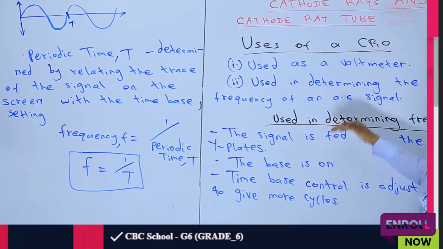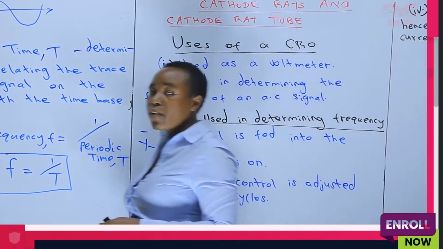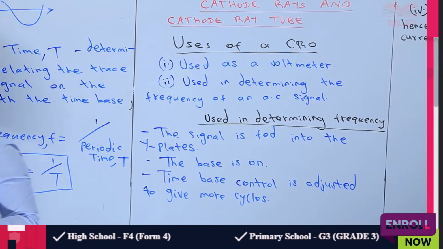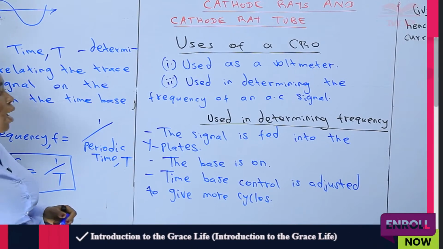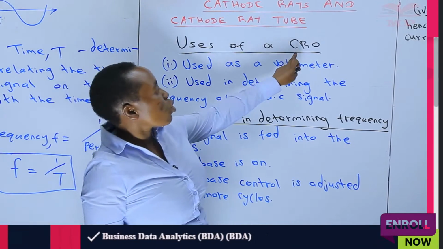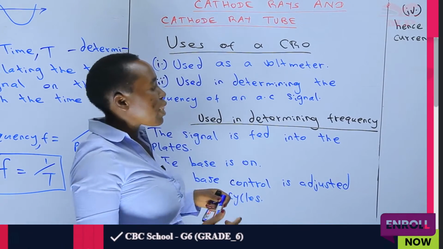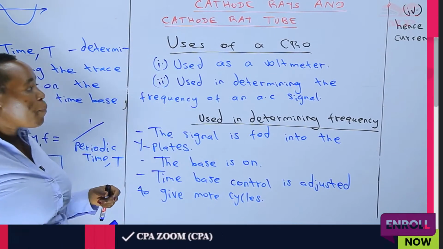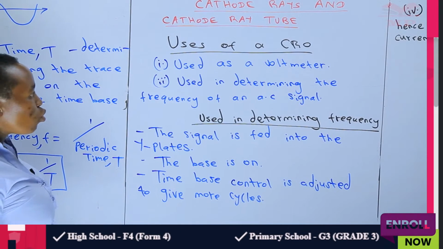We'll also apply the formula on calculation of voltage, which we have seen being given by displacement multiplied by the sensitivity. So we want now to compare a cathode ray oscilloscope to a TV tube. We want to look at the differences that are there between a cathode ray oscilloscope and the TV tube.